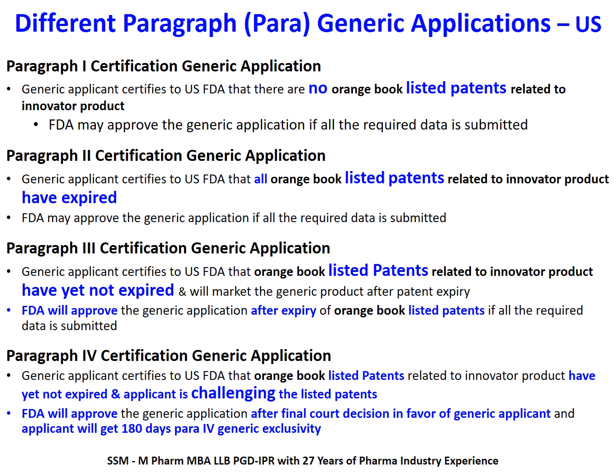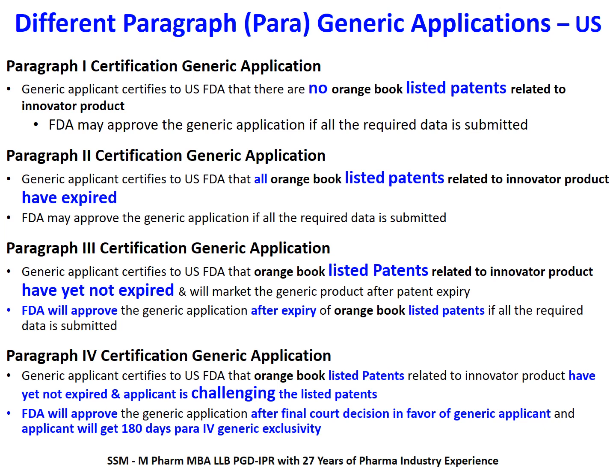Para 1 certification generic application: in this, the generic applicant certifies to the US FDA that there are no Orange Book listed patents related to the innovator product. In this case, FDA may immediately approve the generic application if all required data is submitted.